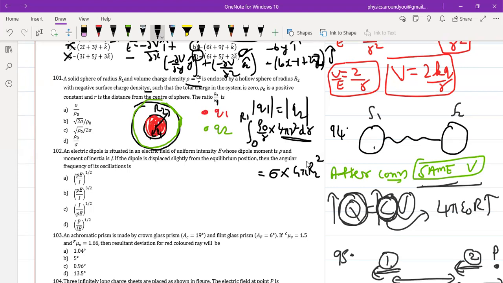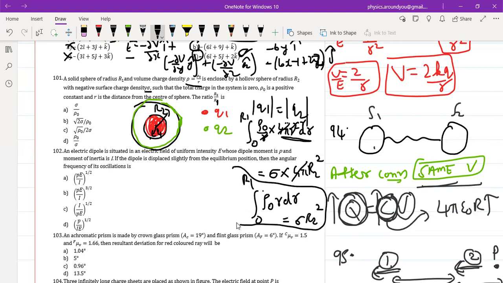Now 4 pi over here gets cancelled with 4 pi over there, and r over here gets cancelled with one of the r square over there. So it becomes integral of 0 to r1 rho naught r dr is equal to sigma times r2 square. That's it. Now the question is solved.